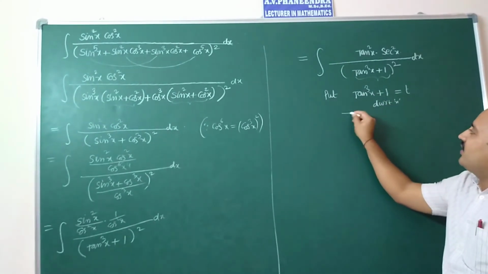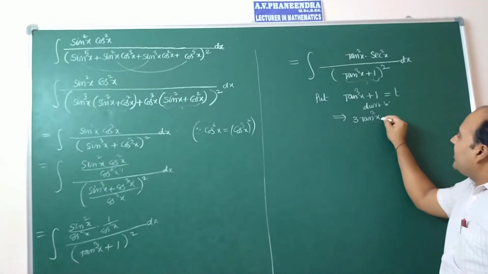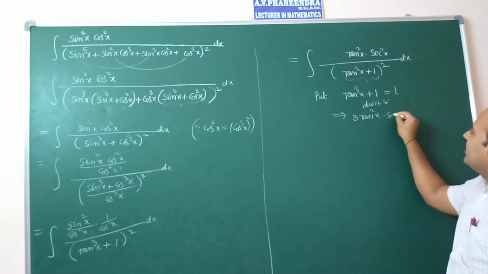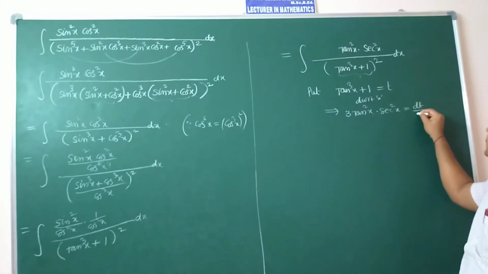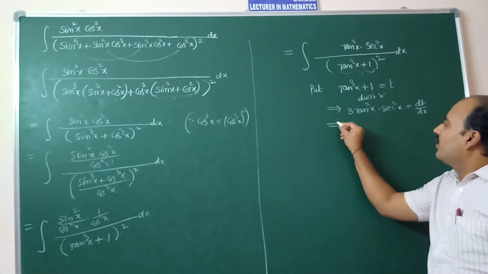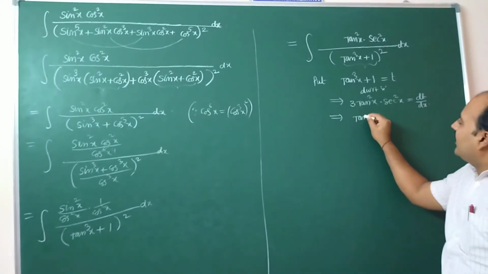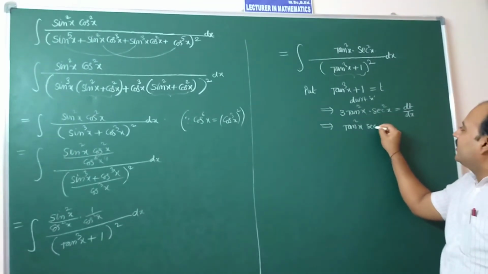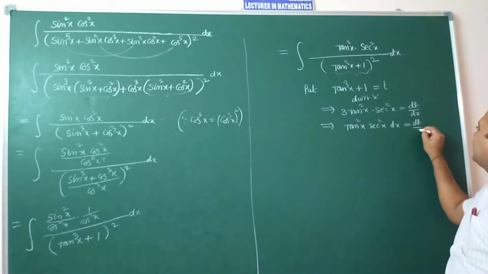The derivative of tan cube x is 3 tan square x, and again tan x differentiates to secant square x, which is equal to dt by dx. Cross multiplying, we take 3 to this side and dx to this side. Therefore, tan square x into secant square x into dx is equal to dt by 3.